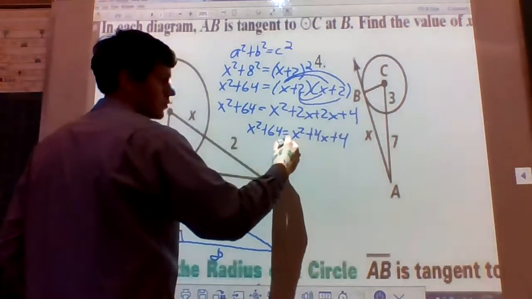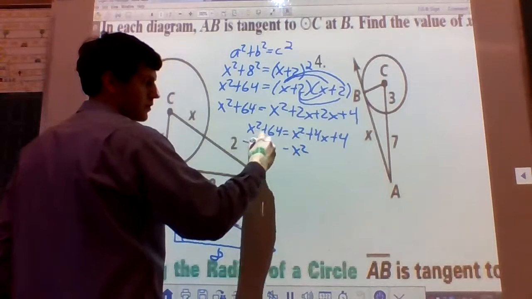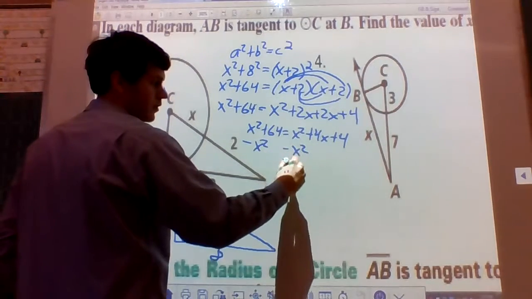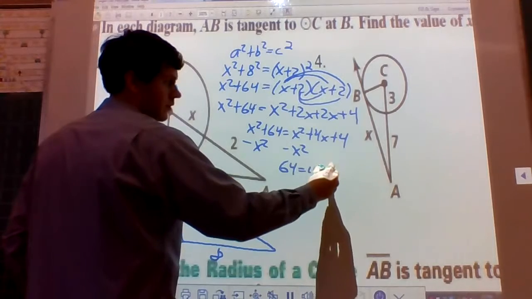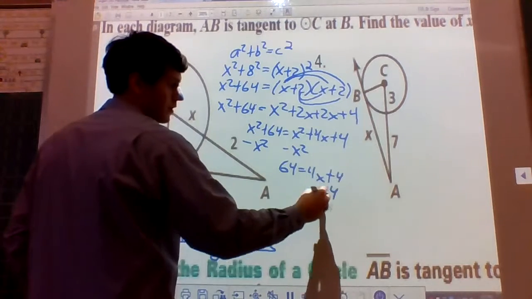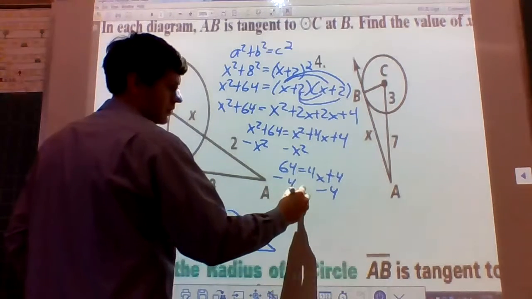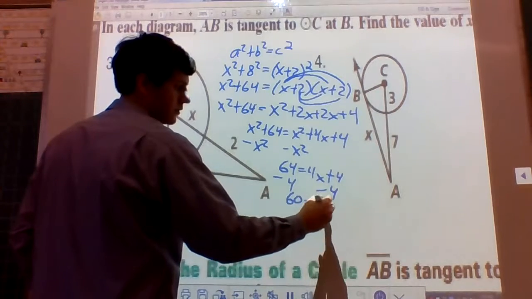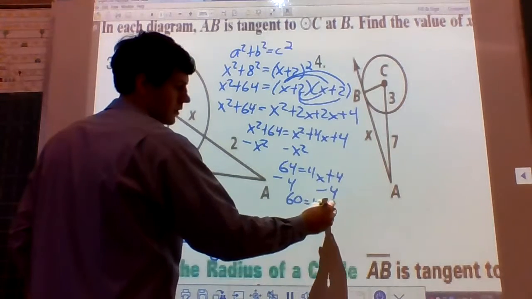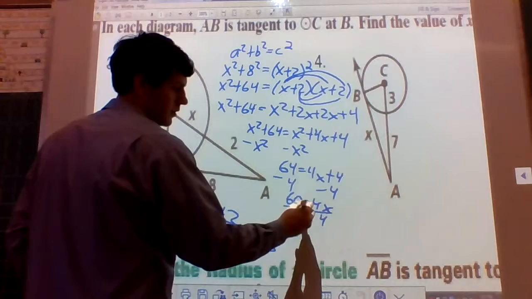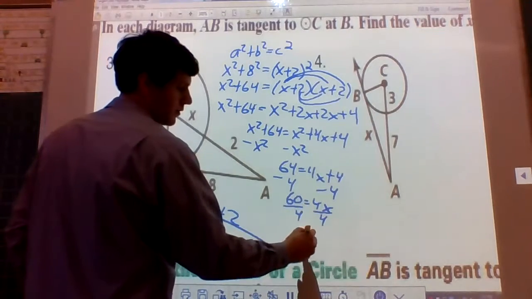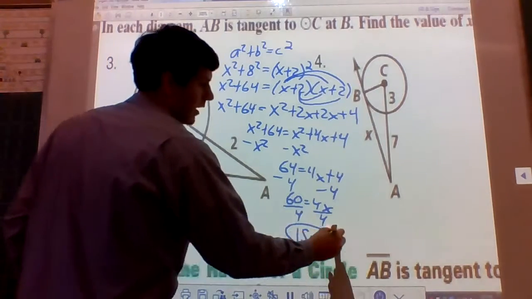plus 4. We can subtract x squared from both sides. We're left with 64 equals 4x plus 4. We can subtract 4. 60 equals 4x, divided by 4. And we get 15 equals x.